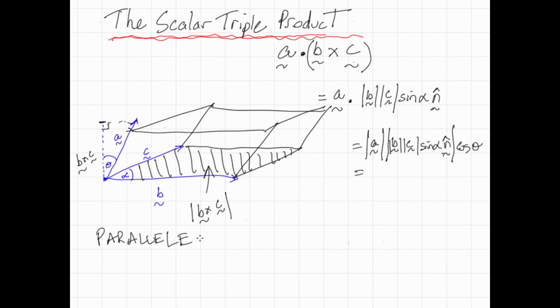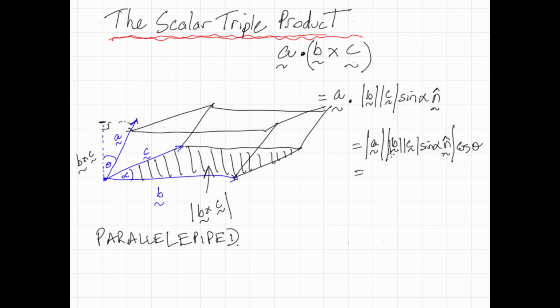A parallelepiped is a solid shape that has a base of a parallelogram, sides that are parallelogram. So base and top are parallelogram, and all the sides are parallelograms as well. They're not vertical sides.